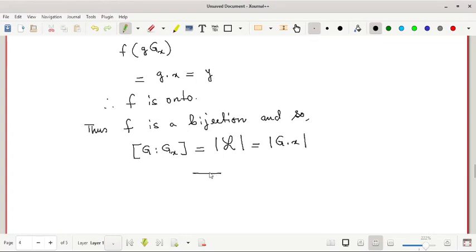So this proves the result. Given any point x in the non-empty set X, if a group G acts on X, then the index of the stabilizer of x in G is exactly equal to the cardinality of the orbit of x. Right? Okay.